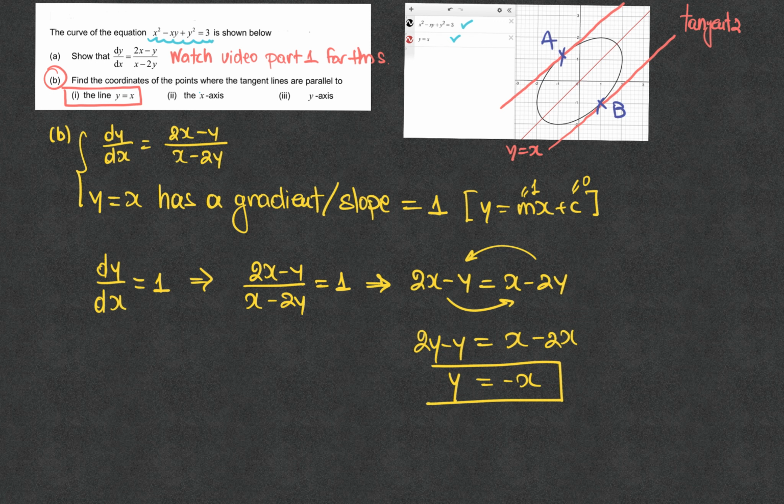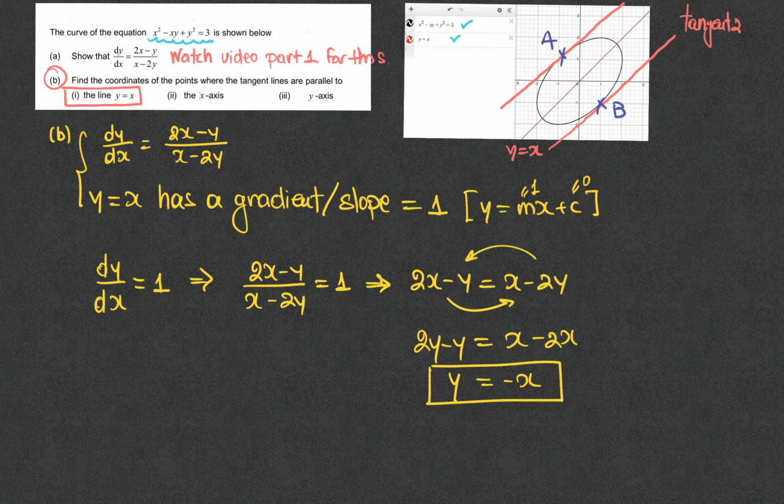So what I get is that the points on x squared minus yx plus y squared equals 3 that have tangents parallel to y equals x are on top of the line y equals minus x. In other words, points A and B fall on the line y equals minus x.